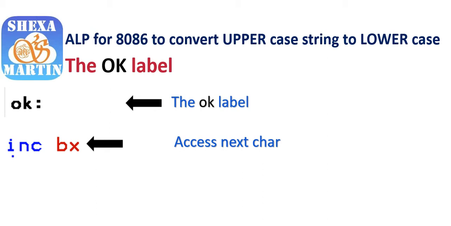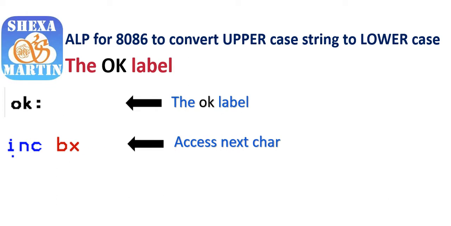What we are doing here is moving from one location to the next so that we get the next character. We've checked this character and observed that it's okay, so let's increment the address and get the character located at the next address.